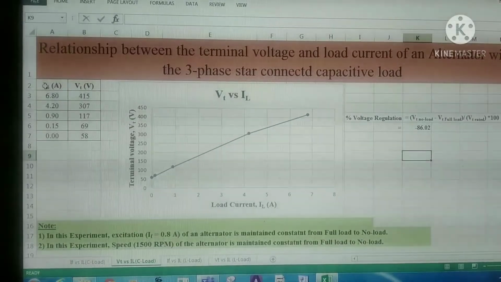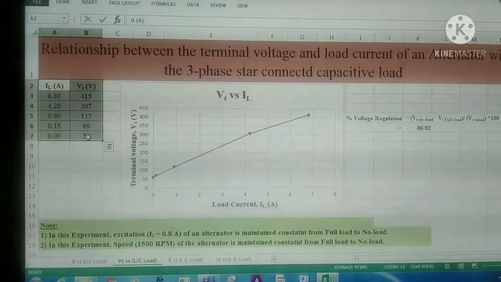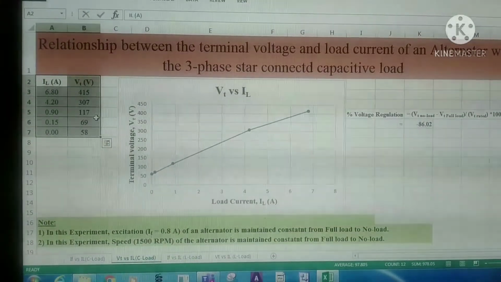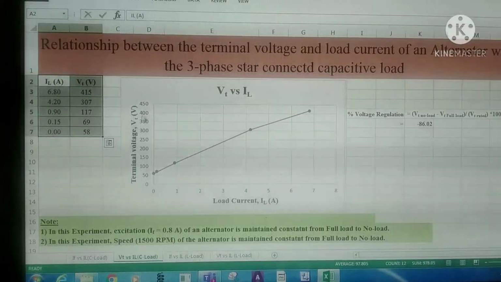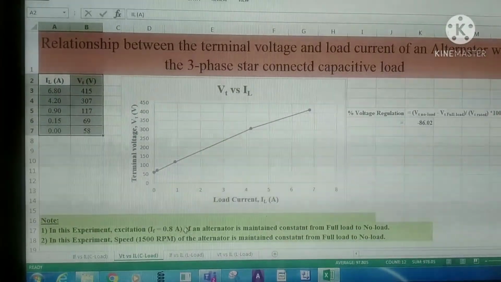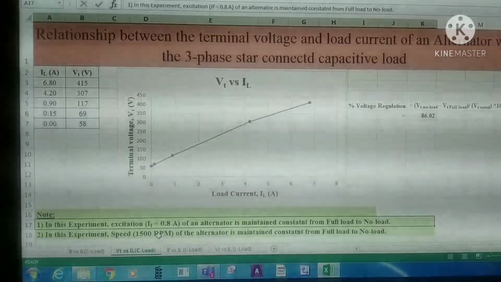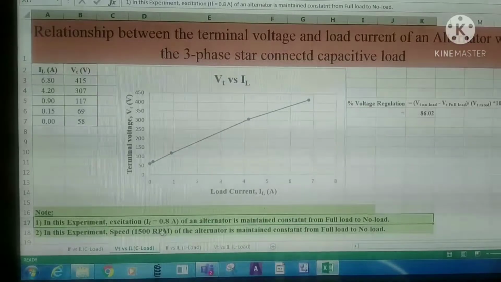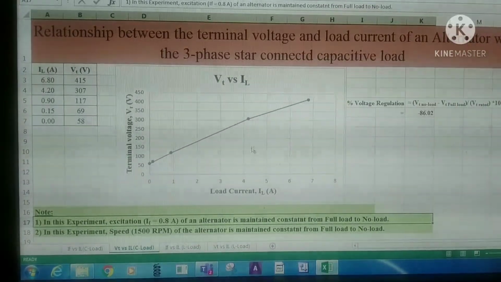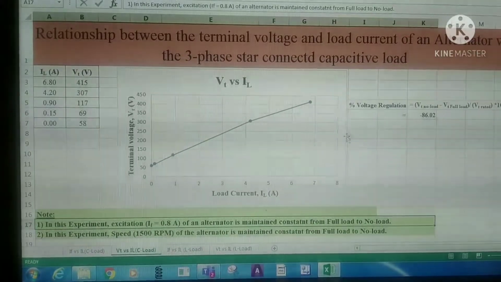In this, we have noted the observation values of load current and terminal voltage across the stator winding terminals of an alternator, by maintaining the constant field winding current of 0.8 amperes and rated prime mover speed of 1500 rpm for the 3-phase star connected capacitive load.